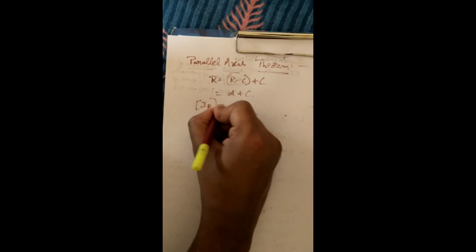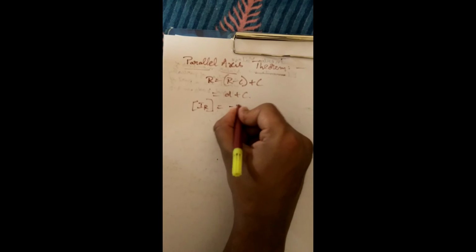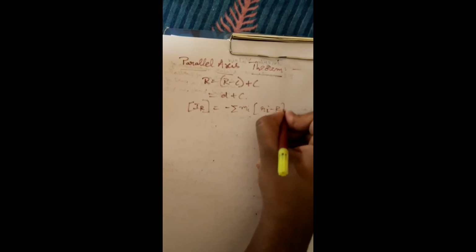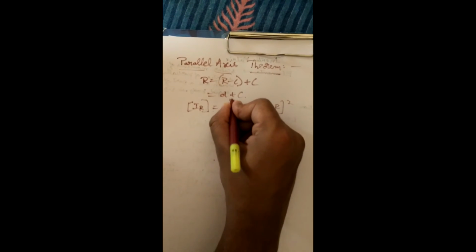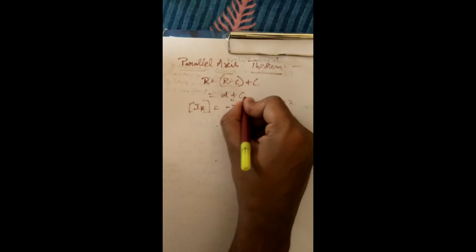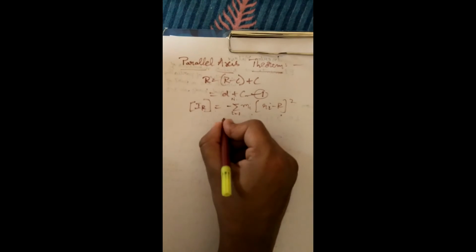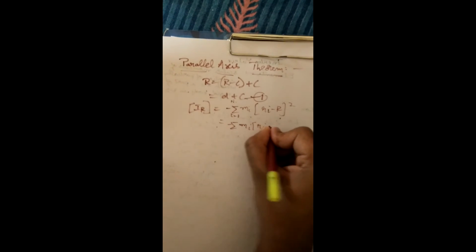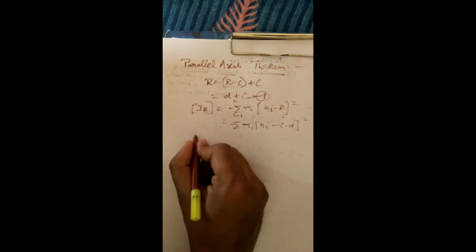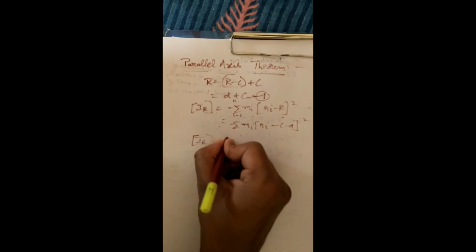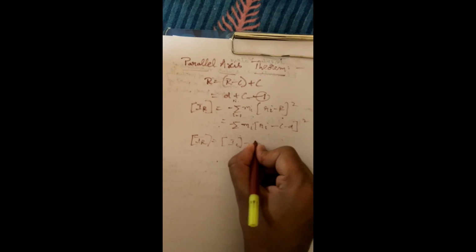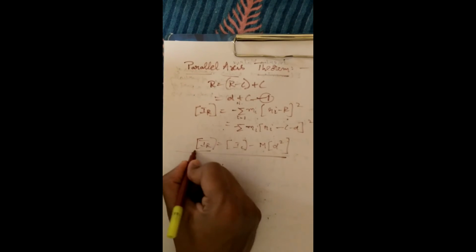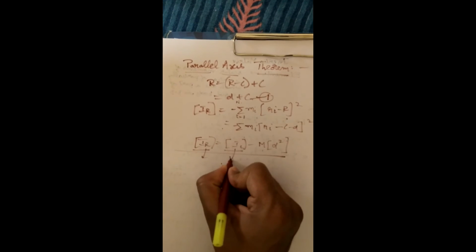The inertia matrix about r can be written as minus sigma mi (ra minus r) whole square for all particles. Now using one, we can further change it as minus mi (ra minus c minus d) whole square, which upon expanding gives the following. So this basically gives the relation between the inertia matrix at any point r and the inertia matrix at the center of mass.